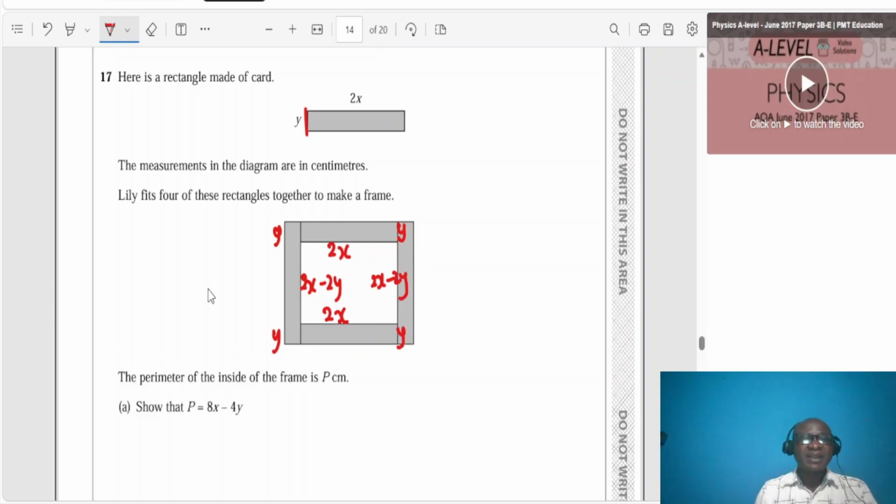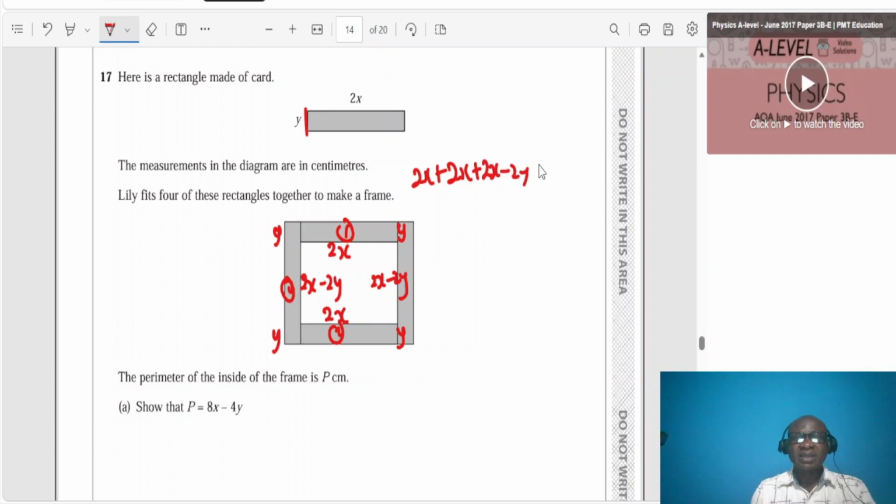Now, remember they said I should find the perimeter of the inside. So what I will now do is, side 1 is 2x plus side 2, which is also 2x, plus side 3, which is 2x minus 2y.